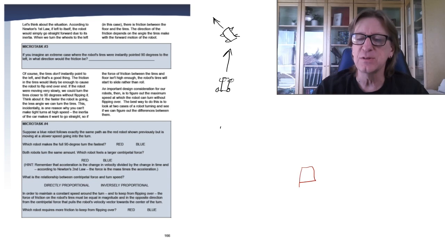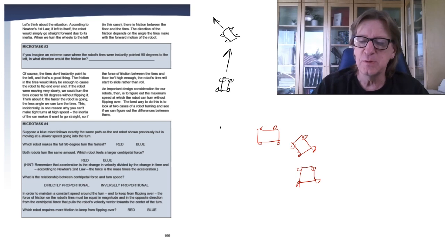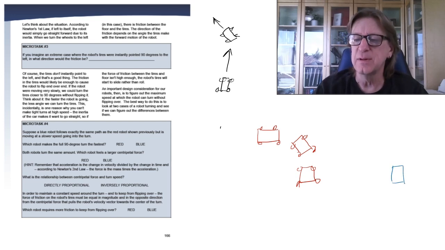Here's my red robot, and then he went this way, and then he went this way. Let's suppose that the blue robot is following exactly the same path. So it's here, and then it's here, and then finally it's here.